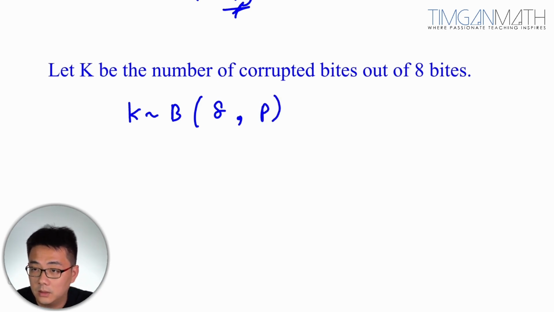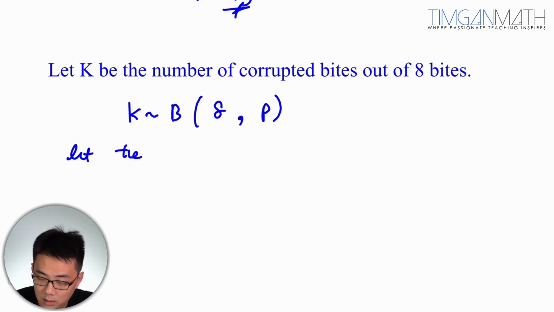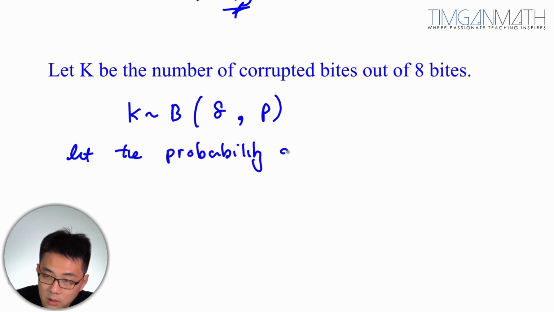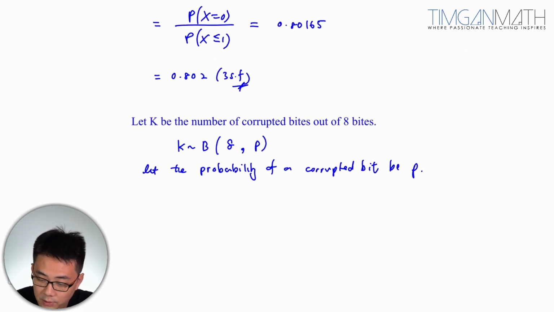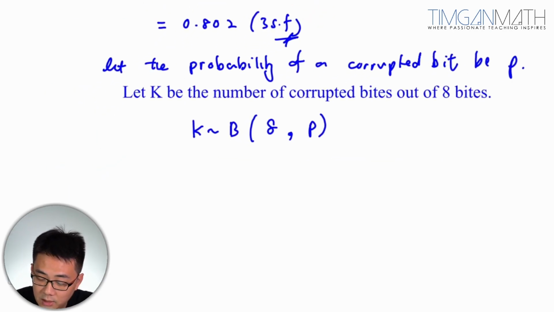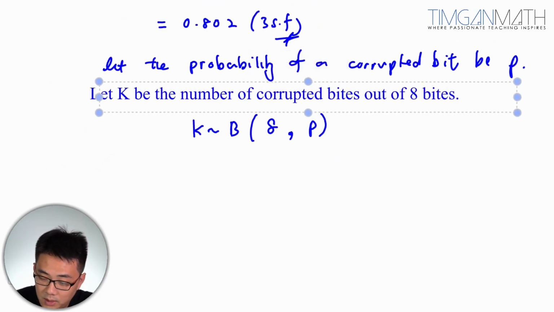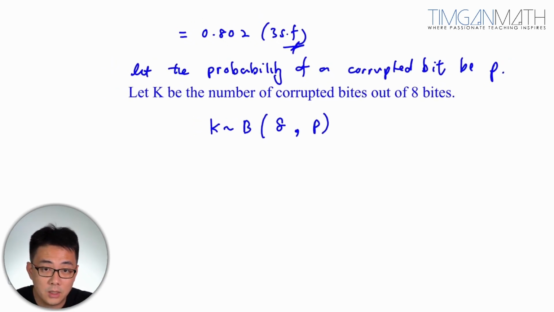Okay. So I'm going to let the probability of a corrupted bit be p. That is the first thing that I wanted to do. Okay. So in this another transmission system, once we're done, I get this as my just 1 byte.